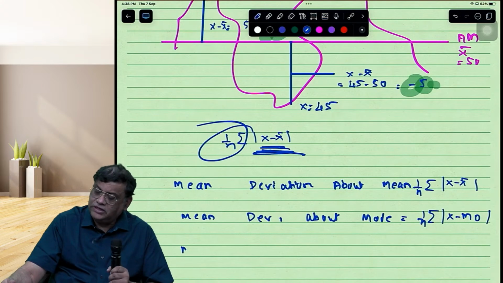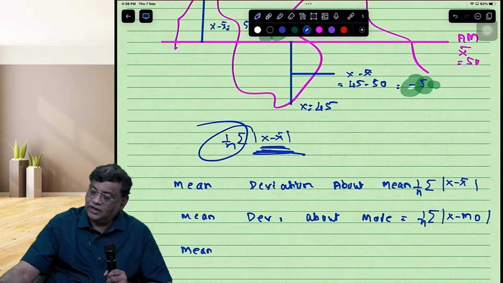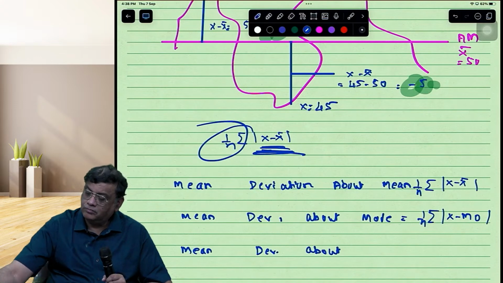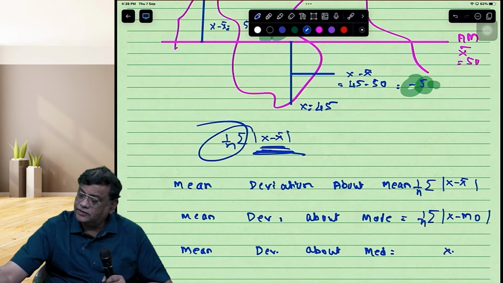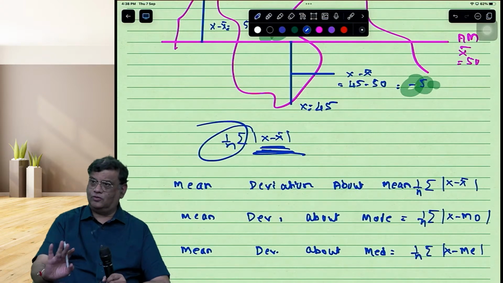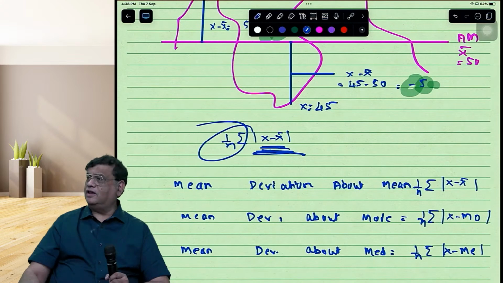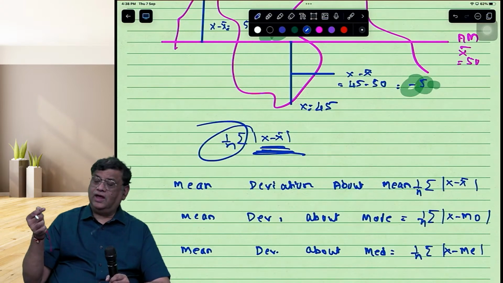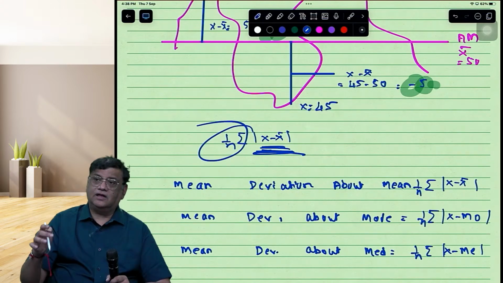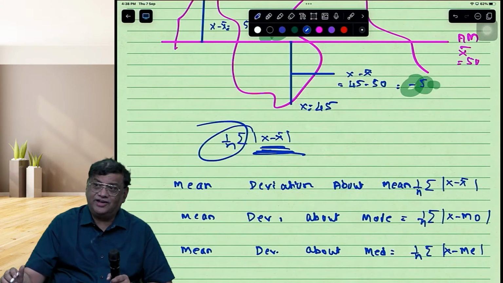Similarly, you have mean deviation about median, and tell me what will it be? X minus median modulus and average of that. थोड़ा पहले सुनो, समझो, फिर लिखो, फिर करो. Is that clear? अभी ये हो गया एक डेटा सेट के लिए, लेकिन कंपैरिजन के लिए तुम्हें क्या चाहिए?